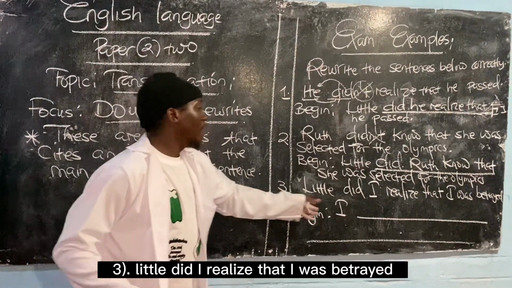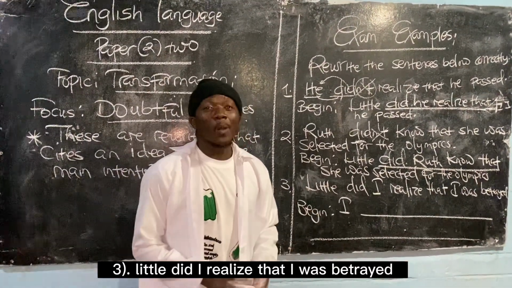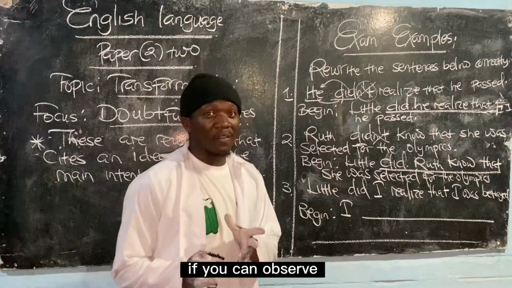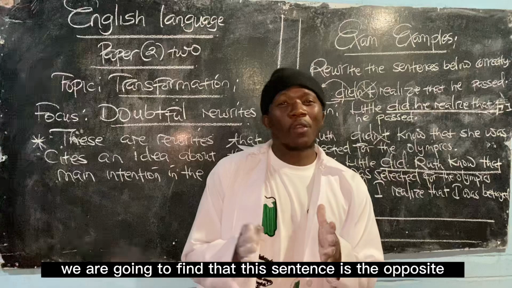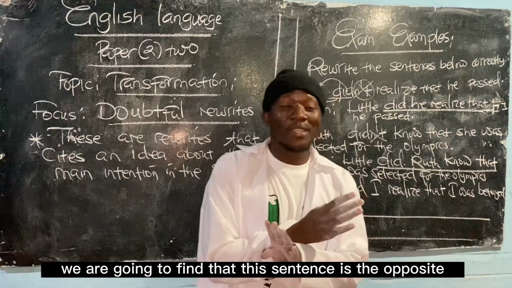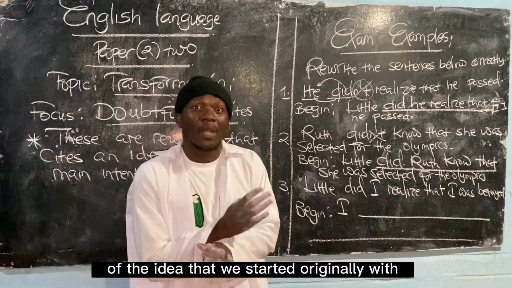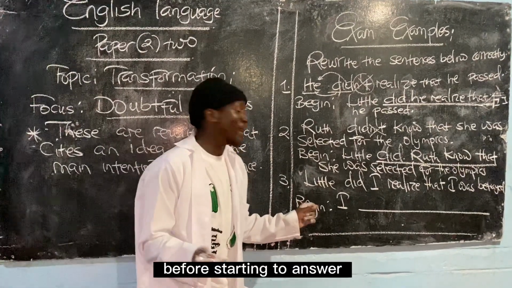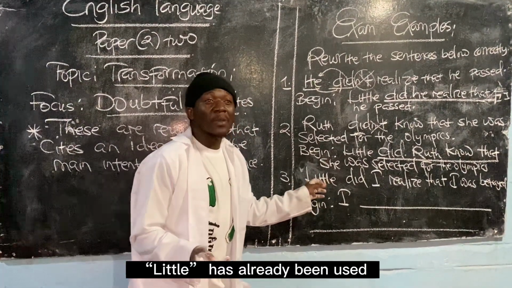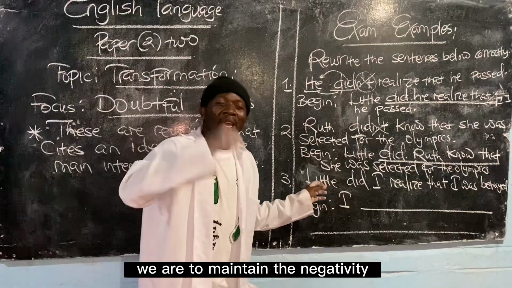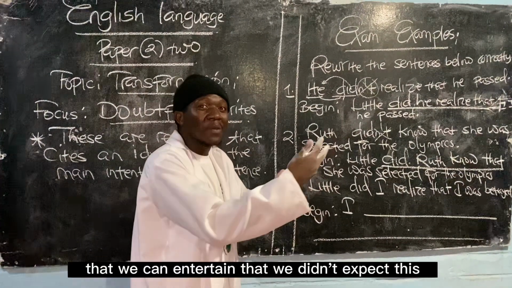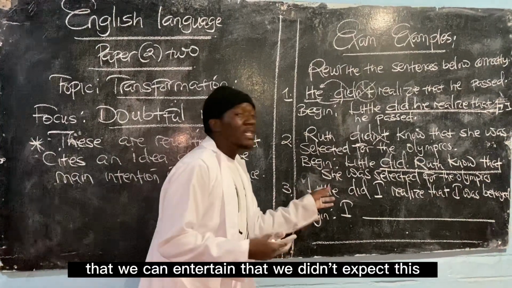Number 3, little did I realize that I was betrayed. In this instance, if you observe, based on what we started with, we find that this sentence is the opposite of the idea that we started with. This simply means you have to pay particular attention before starting to answer. "Little" has already been used. We are to maintain the negativity, so that there is a doubting thought that we didn't expect this.